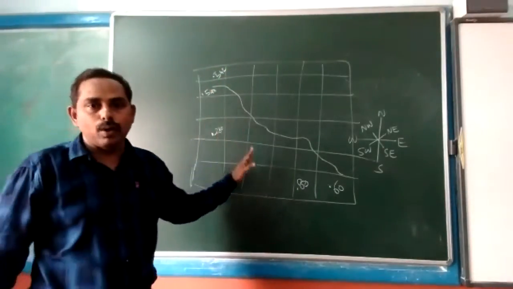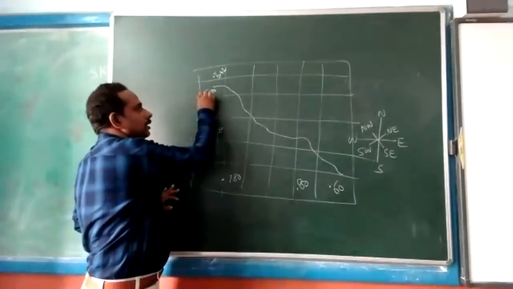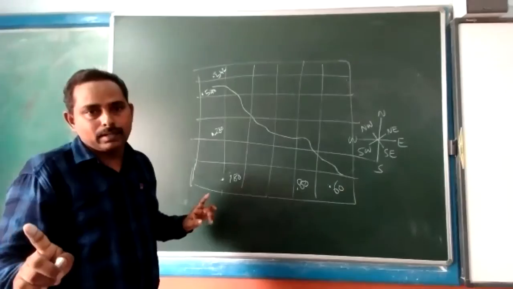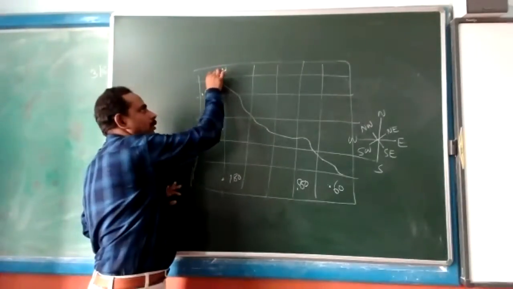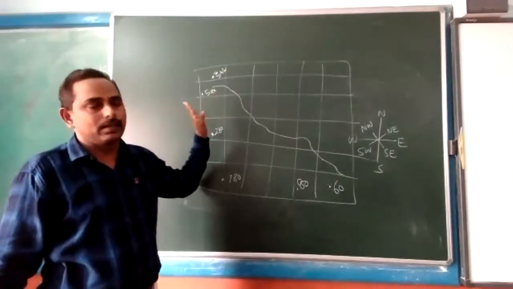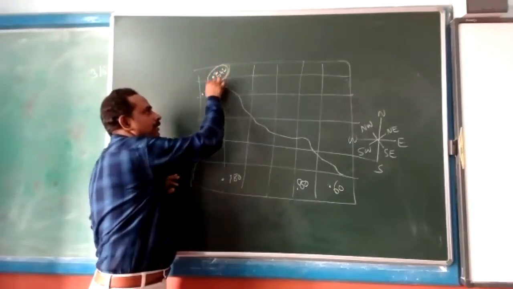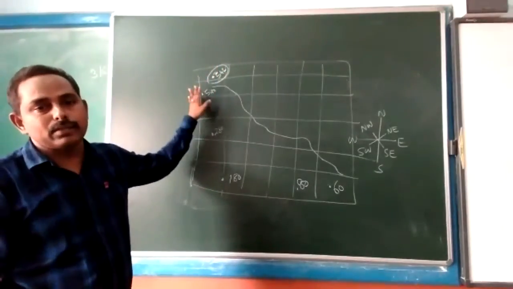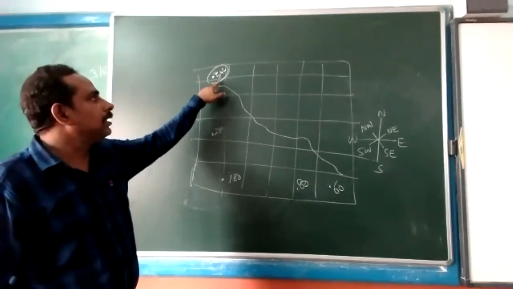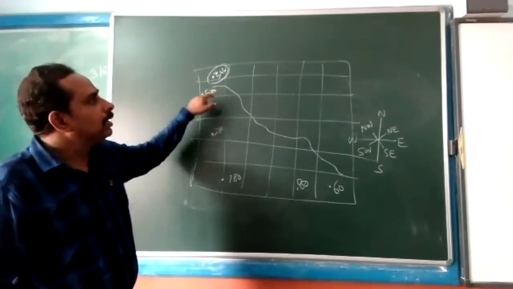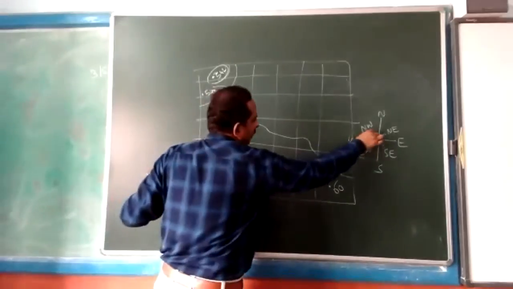So while observing the whole topo sheet, you have to observe the heights, which are given in small size. Which one is the biggest? 542 is the biggest. So you can conclude that the origin of the river is on this side, the northwestern side as per this direction.